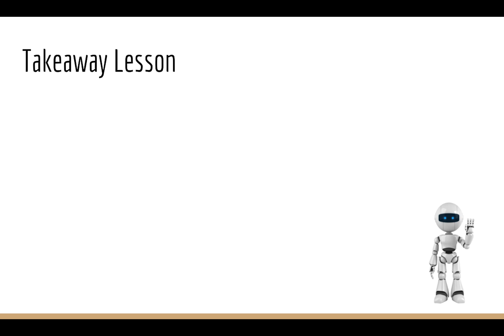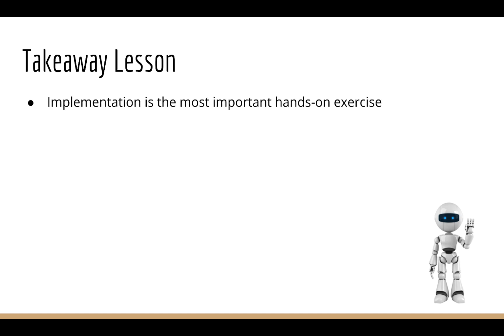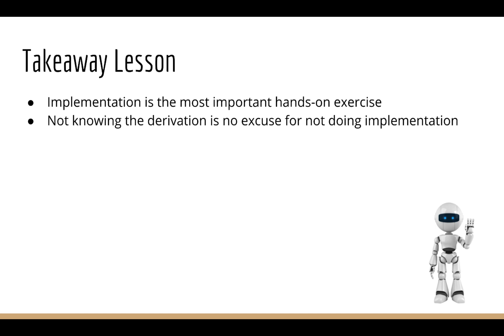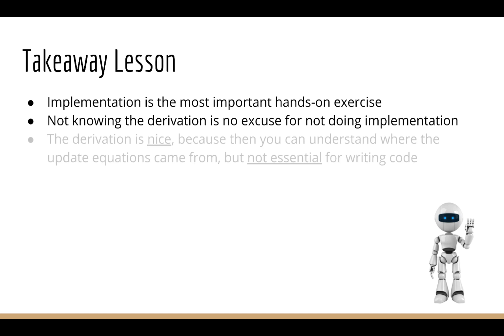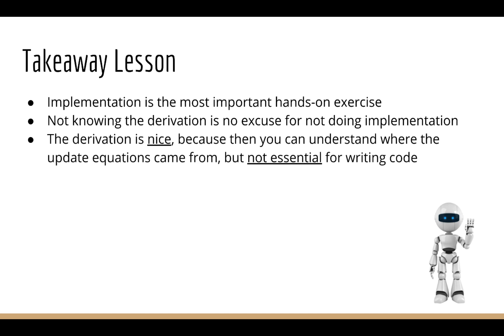And so the lesson is, even if you don't understand the derivation of backpropagation, it does not mean that you can't skip to the result and do the exercise of translating the equations into code. Because the equations only require multiplication and addition, which you obviously know how to do. It's nice to be able to do the derivation, because then you'll understand where the equations for backpropagation came from, but it's not necessary in order to complete the implementation.